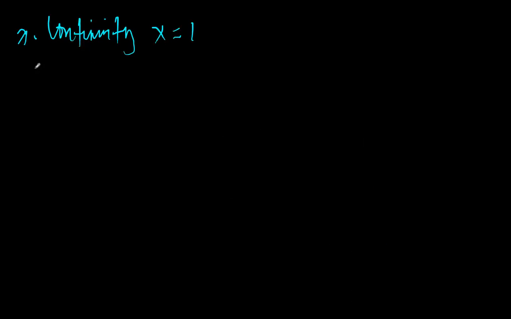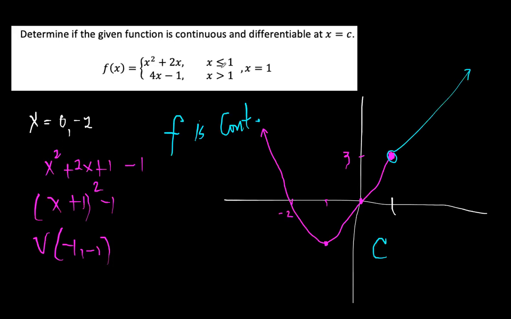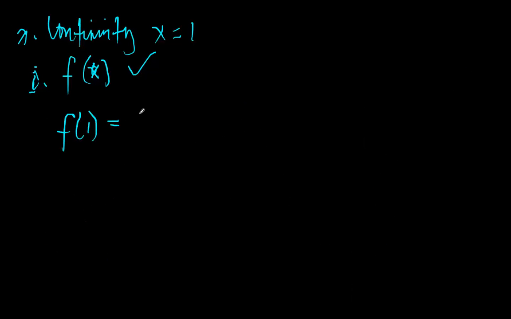Okay, so condition number one, we need to find the function value. Function value should exist or should be defined. So f of 1 is equal to what? For f of 1, we're going to use the first sub function, x squared plus 2x.